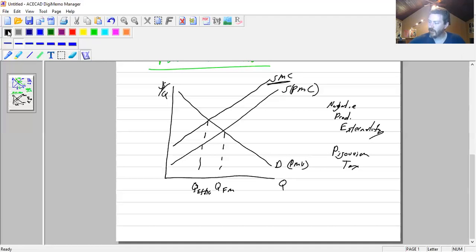This social marginal cost curve would be equal to the supply curve with the tax, right? This distance between the private marginal cost curve and the social marginal cost curve is equal to the externality, and we could just make that equal to T. We could make that equal to the tax.